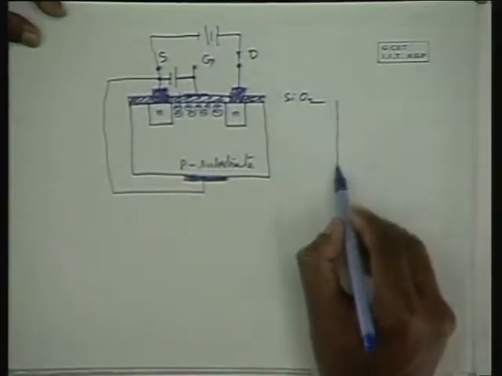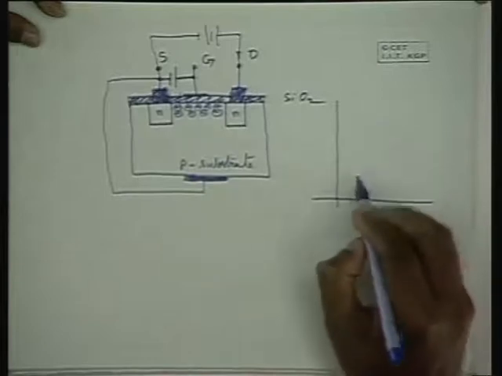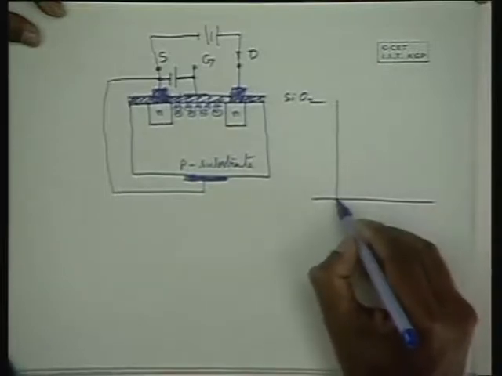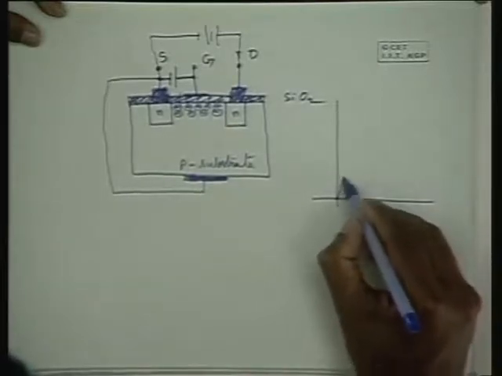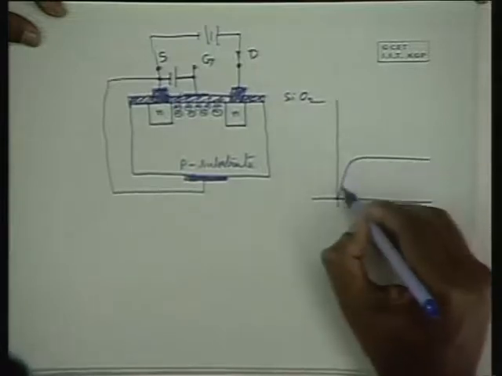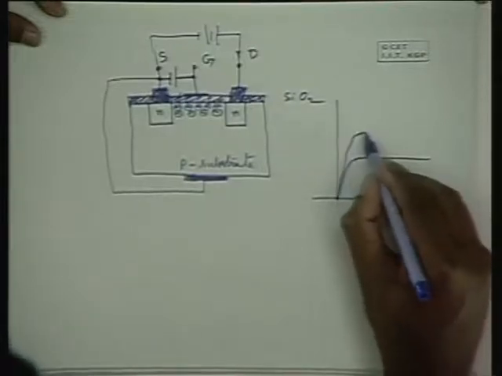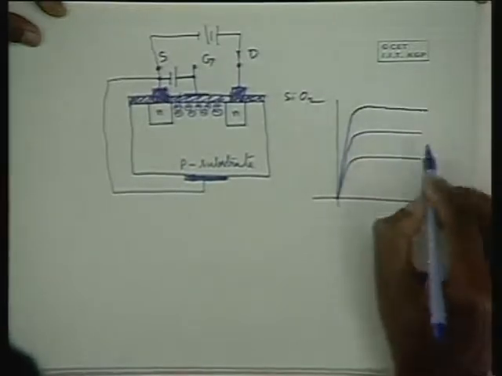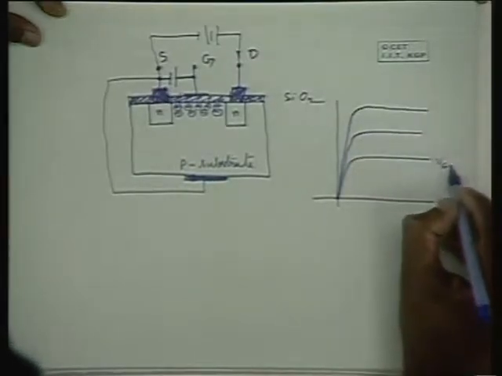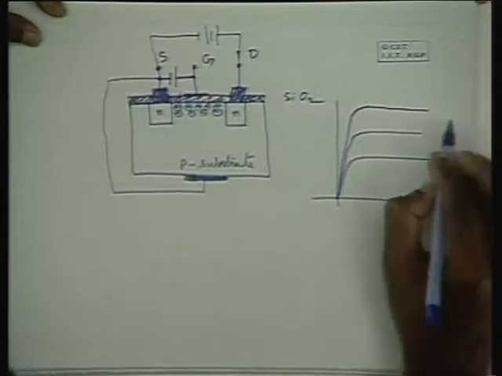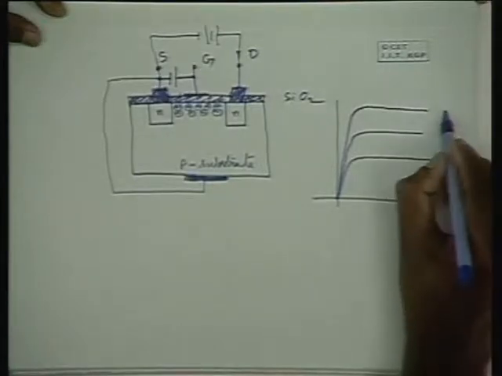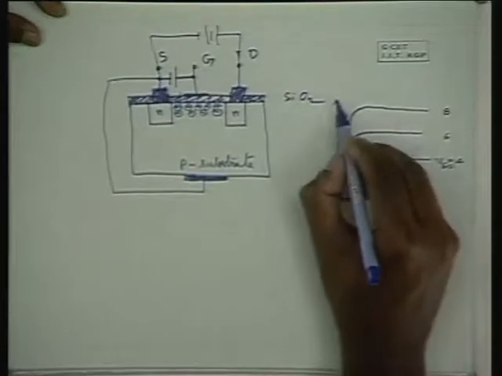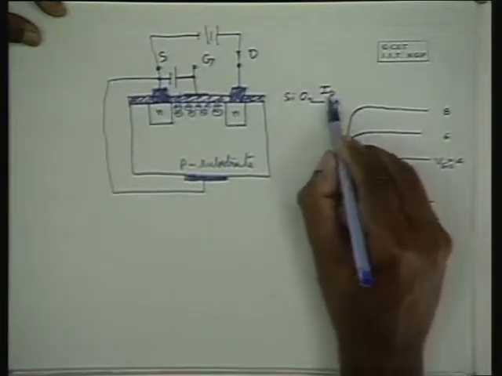Hence, the characteristics of such a device is like this. As VGS is increased, the current ID increases.